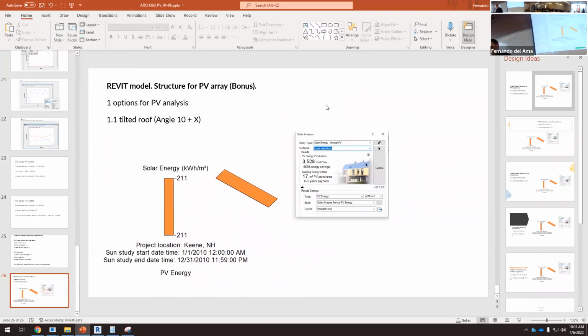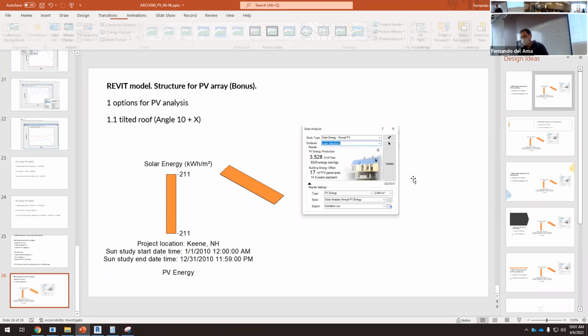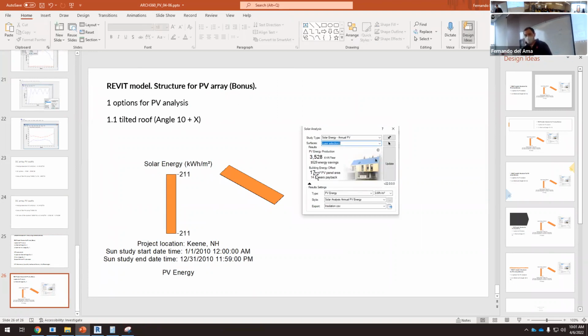So this is the Revit analysis. I have 17 square meters of PV panel area, and this is the yearly performance, or the yearly output.